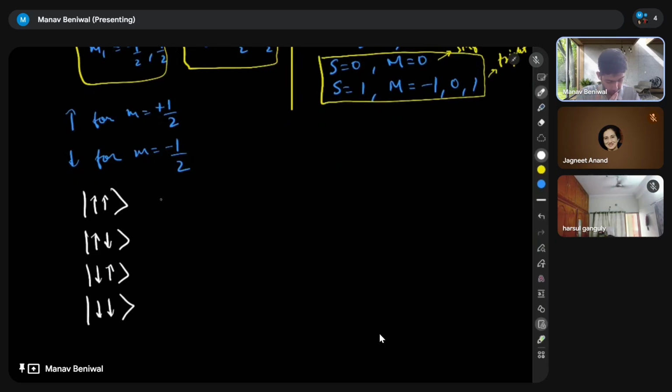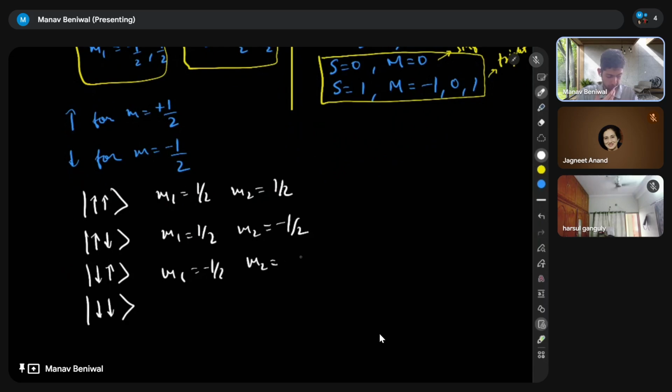Here m1 is half, m2 is half; m1 is half, m2 is minus half; m1 is minus half, m2 is plus half; and here both are minus half. So these are our uncoupled states.